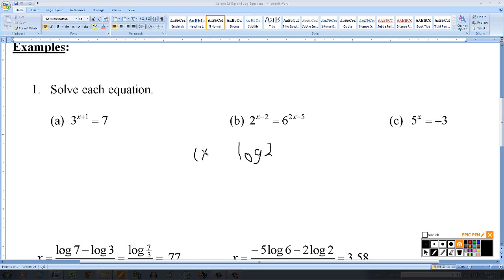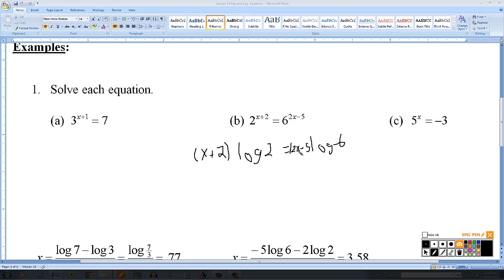And the same thing on the other side. I'm taking the log of both sides, and again, you could use base 10 or base natural log or base e. You'll get the same answer. So this is going to come out to the log of 6, because the 2x minus 5 is going to become a coefficient. Okay, so I get this.